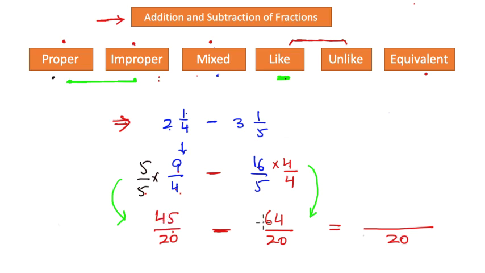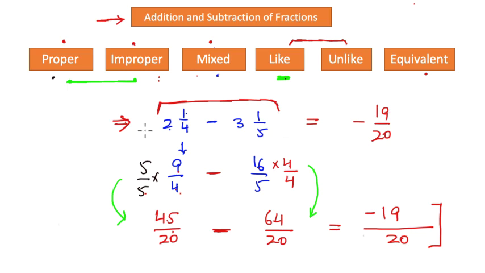So 45 minus 64 becomes 19, and it is negative because 64 is bigger than 45, right? And this is your final result. Or you can say that my final result is equal to negative 19 over 20, and you can write it next to the original numerical expression that you had, subtraction of two mixed numbers. Okay, so this is as simple as it gets.